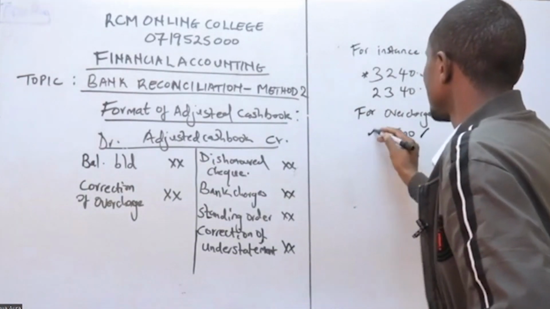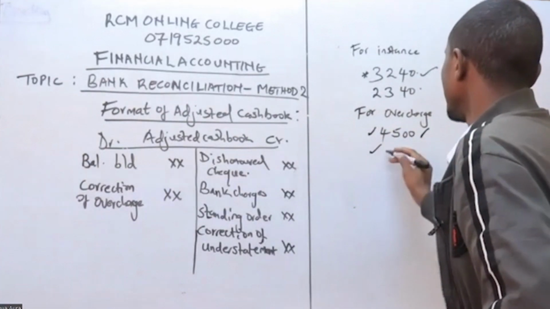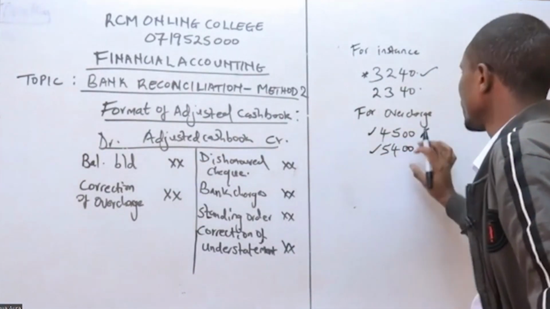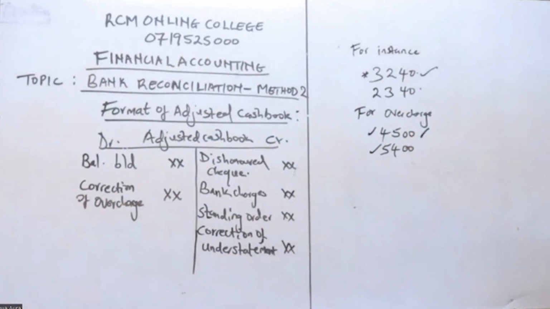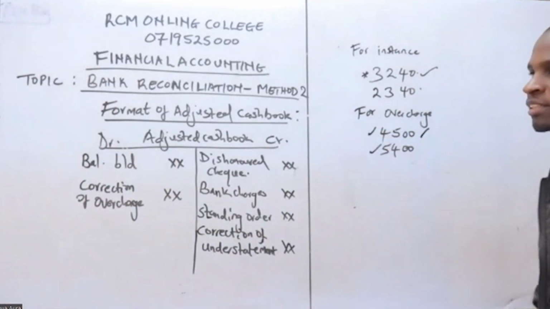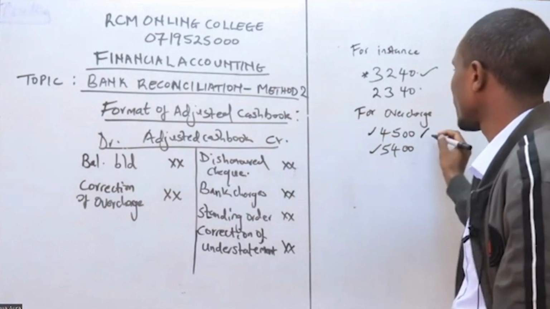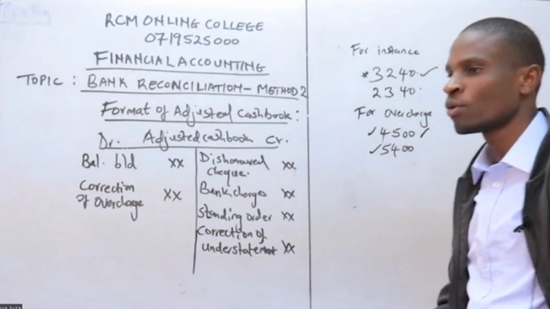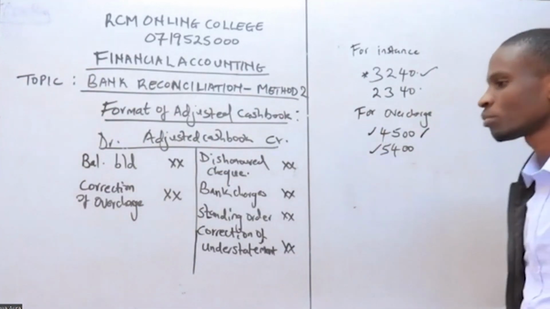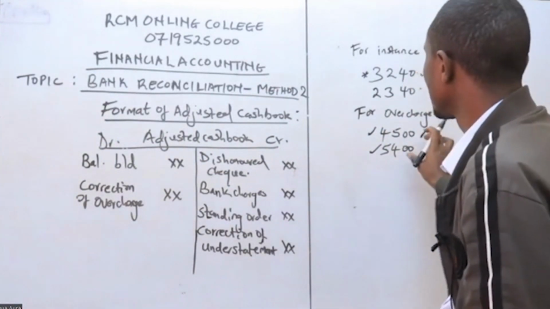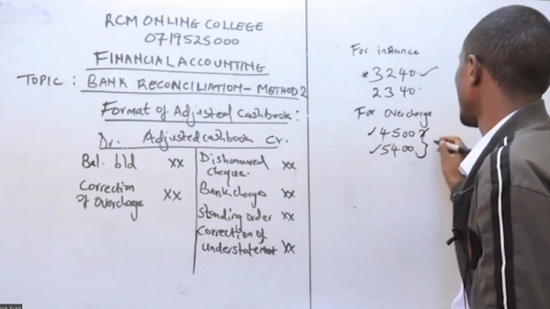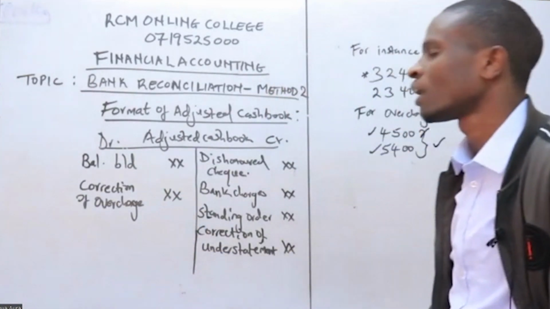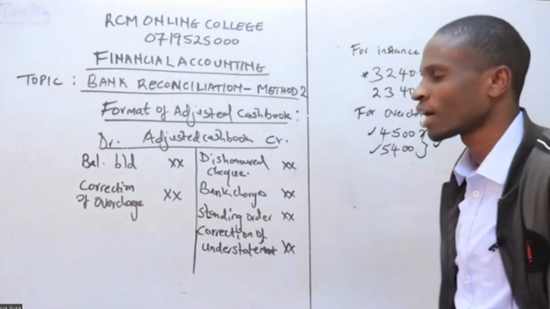But when entering this transaction, you entered 5,400. So you can see there is an amount that is above what is expected. There is a transposition error. All these are happening because of an error known as transposition error. Therefore, you look at the difference, and that difference is what you put on the debit side of our adjusted cash book.